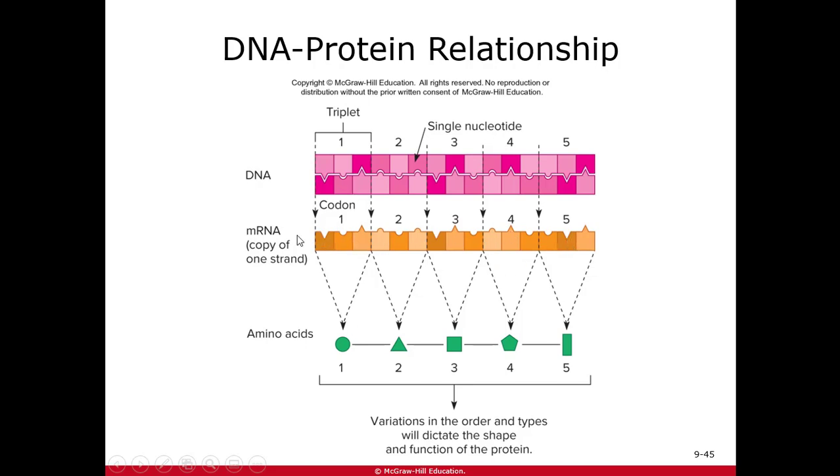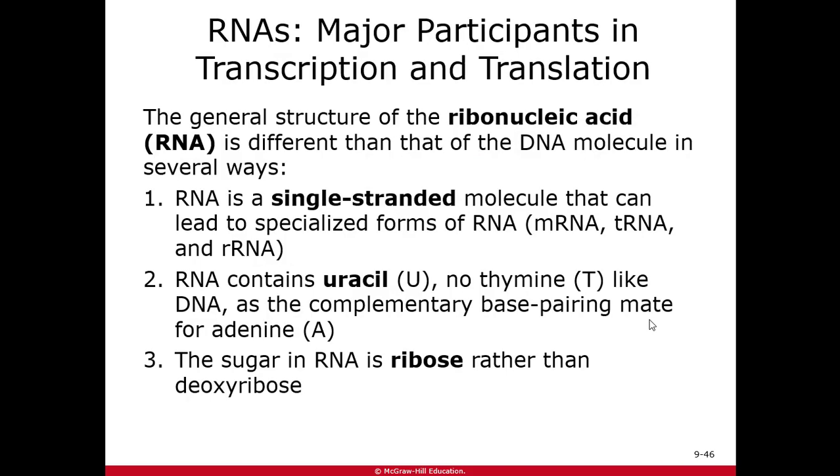It's because these 3 letters code for this particular amino acid, and these 3 letters code for this particular amino acid. So those 3 letters, those codons, code for specific amino acids. And depending on the amino acid, depends on what protein you make, depends on what you need that protein to do. It's all dependent on shape. Now, we talked a lot about DNA, but RNA is a big factor in all of this as well.